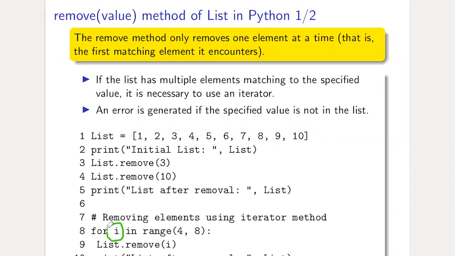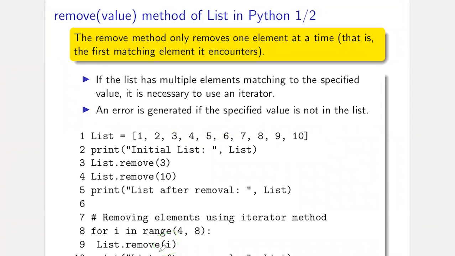I is the control variable here, and you specify the range. So address locations 4, 5, 6, 7. So there are 4 locations up to 8. So when the loop controller comes to 8, it will exit. And you can specifically remove those items.